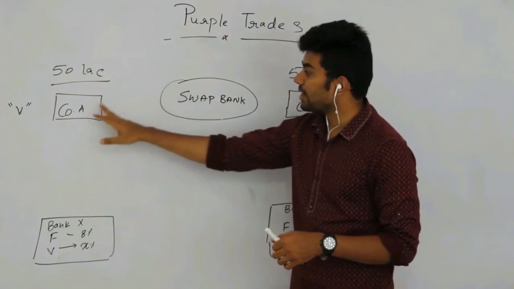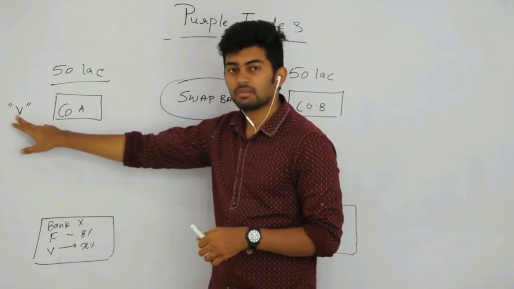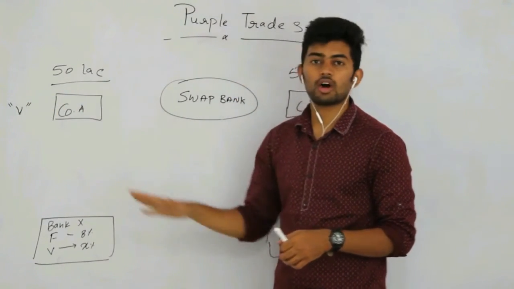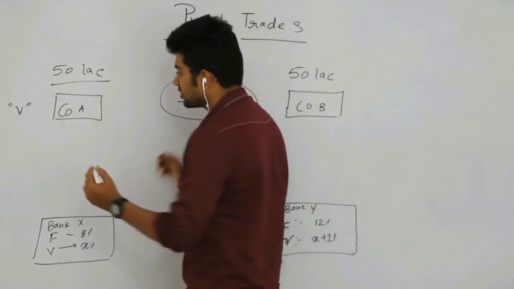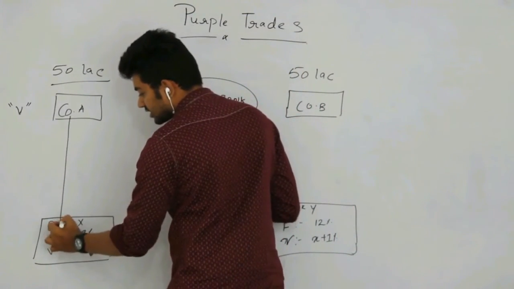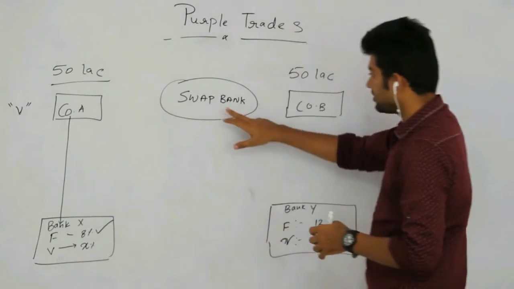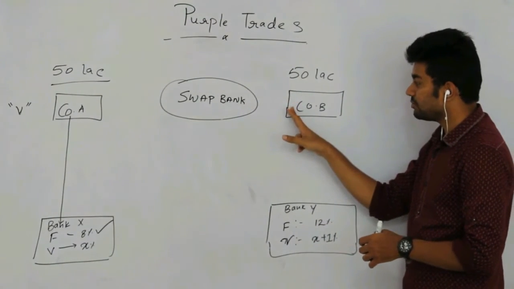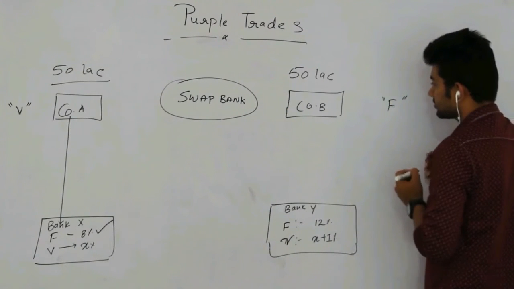First, swap bank will go to company A, whose primary motto is to take a variable interest, but instead swap bank will ask company A to opt for a fixed rate of interest. Company A agrees to it, goes to bank X and opts for a fixed rate of interest. In the very same way, swap bank comes to company B, whose primary motto is to take a fixed rate of interest.